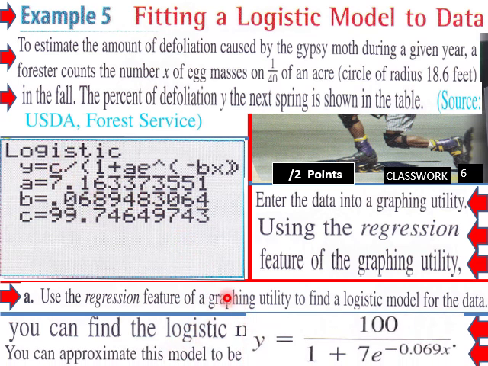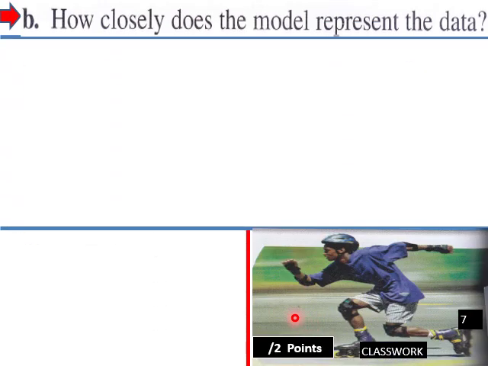Once we get that, our C is about 100, that goes in the numerator. And then we have 1 plus A, which is 7, and then e to the negative B, which would be this number here, negative 0.069 x. So there is our model derived from that data set.